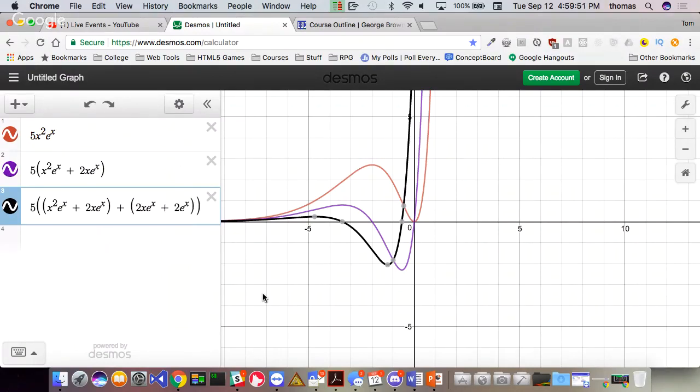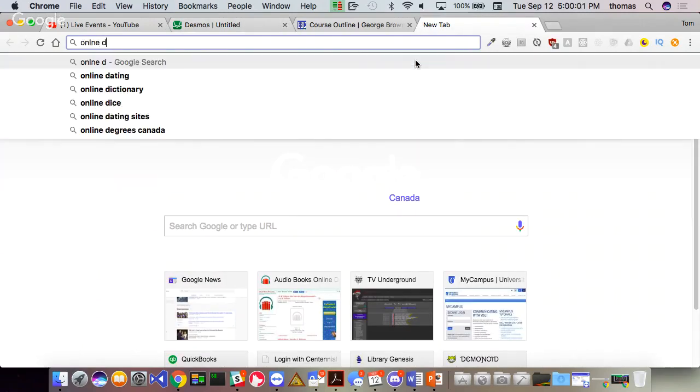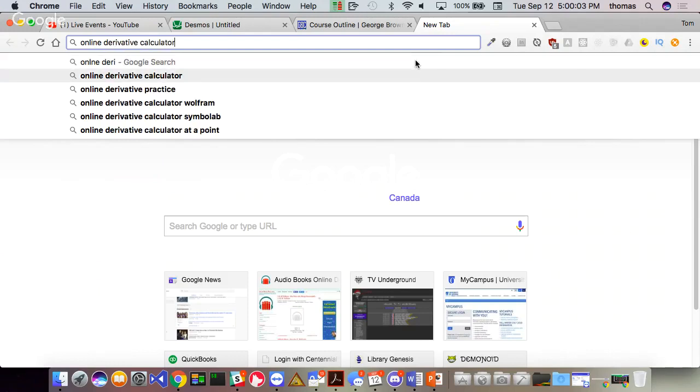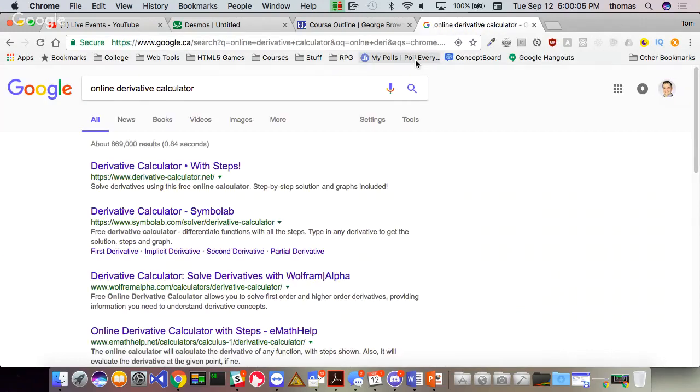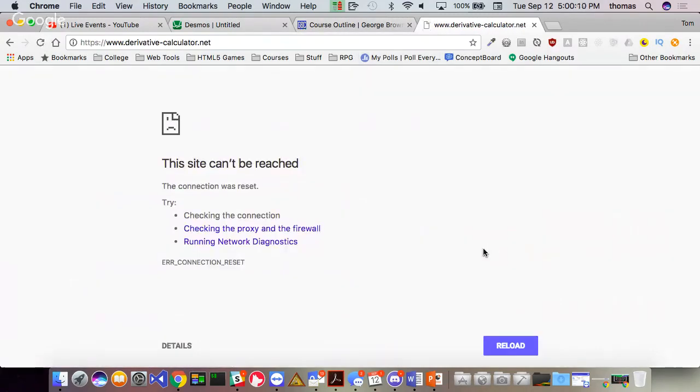By the way, before we get there, what if you want to prove this is right? Is there a tool out there that can help you? And there is. If I search for an online derivative calculator, there is a tool out there, no problem, that'll help you out. So let's just use this one. Here's a derivative calculator with steps. I love this one.